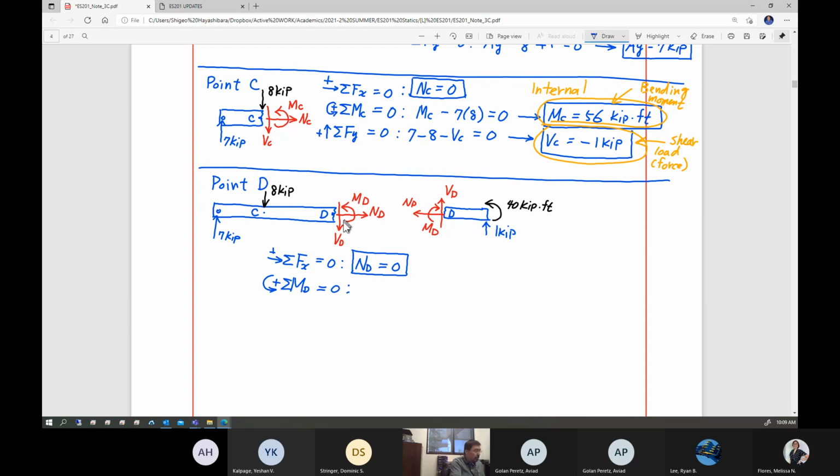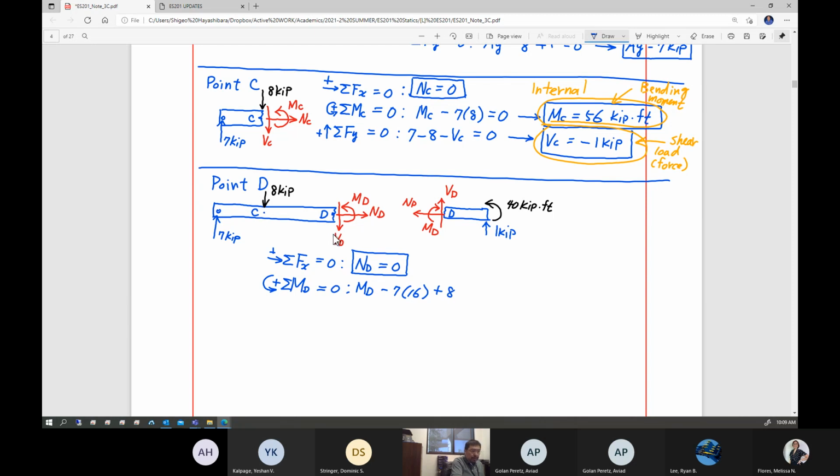So this is going to give you MD, which is positive direction. And this 7 kip creates negative moment. From here to here is 16 feet. 8 kip creates positive moment.